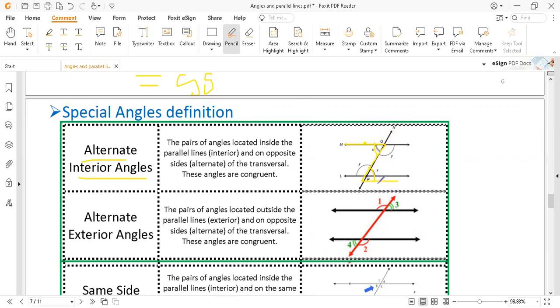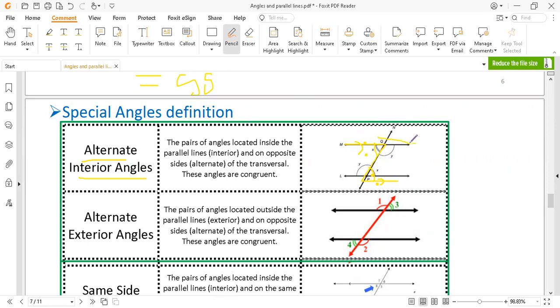This side and this side are parallel. So if we form the letter Z, the interior angles are equal, congruent.